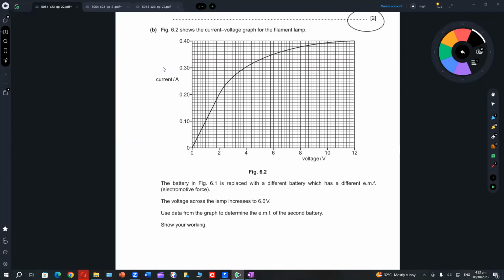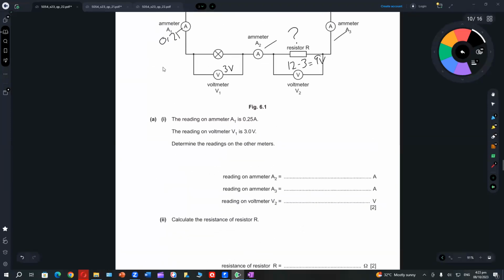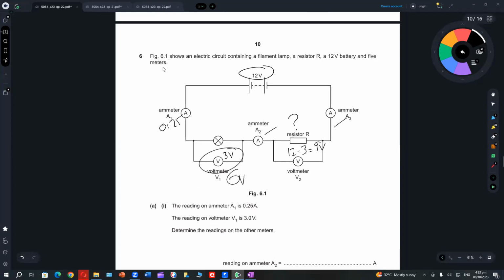The figure shows the current voltage graph for the filament lamp. This is a filament lamp. And the battery in the figure is replaced with a different battery which has a different EMF. The voltage across the lamp increases to 6 volts. How much was the voltage before? It was 3 volt and now it has become 6 volt.